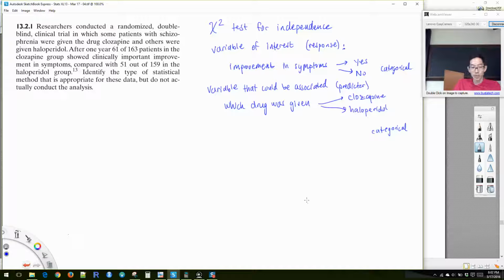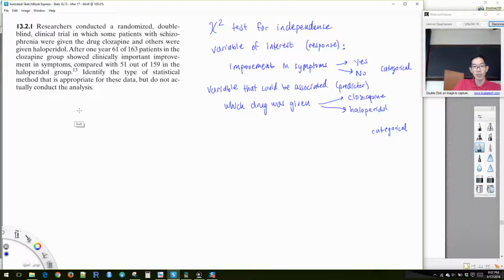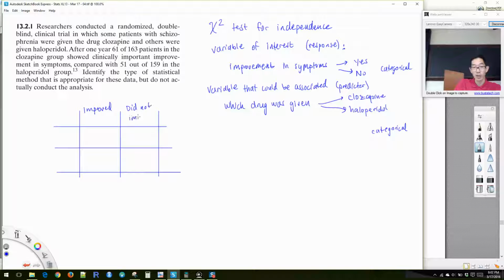So if we go down our little guide for inference methods, it says, oh, this is categorical, chi-squared test for independence. What this would end up looking like is we would create a 2x2 table. This is improved, did not improve, and this would be clozapine, haloperidol.